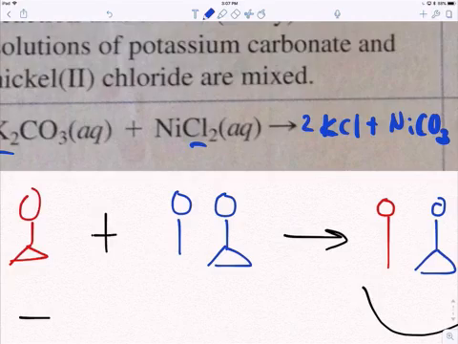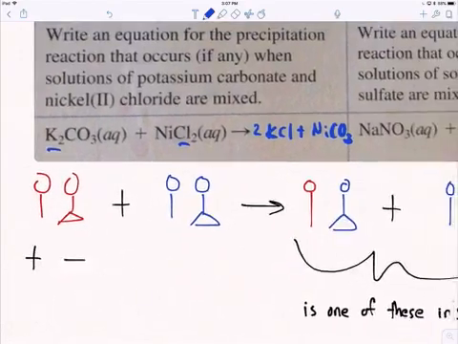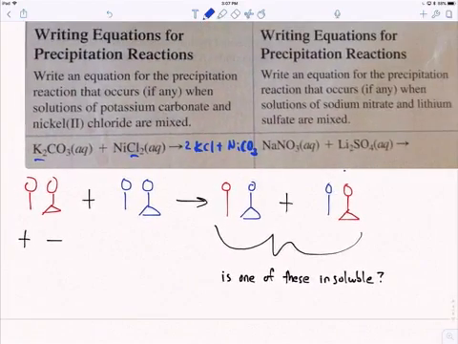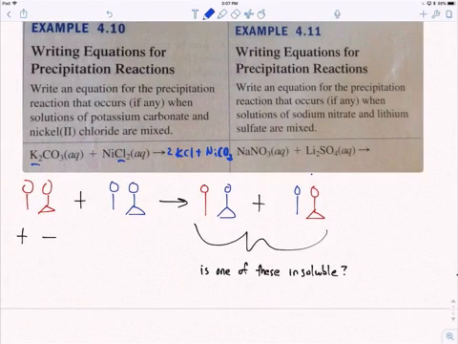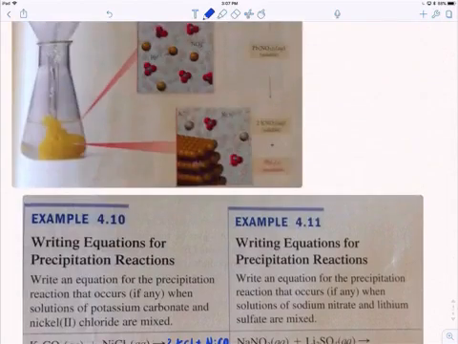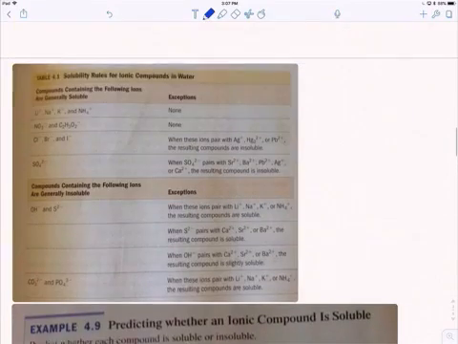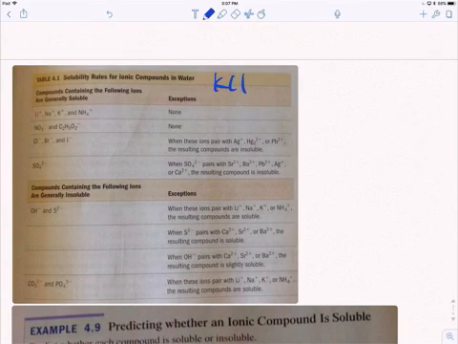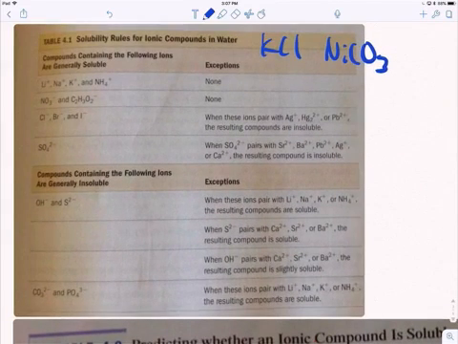There's a 2 there if you want to balance. Okay, so the question is, is potassium chloride or nickel carbonate insoluble? So let's go back up here. We're going to KCl and nickel carbonate. All potassiums are soluble. That's easy. That one's done.